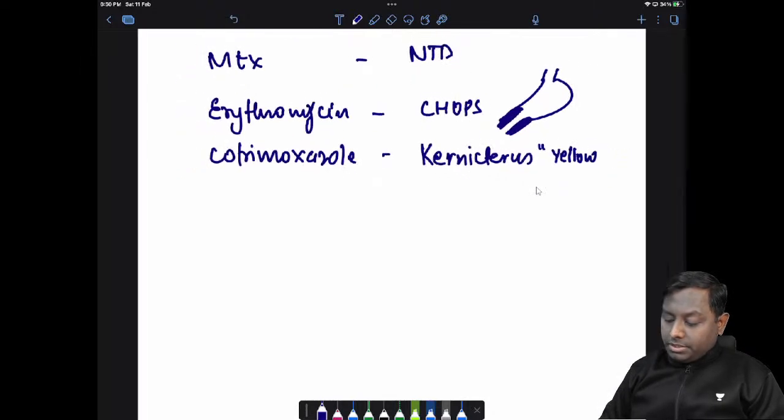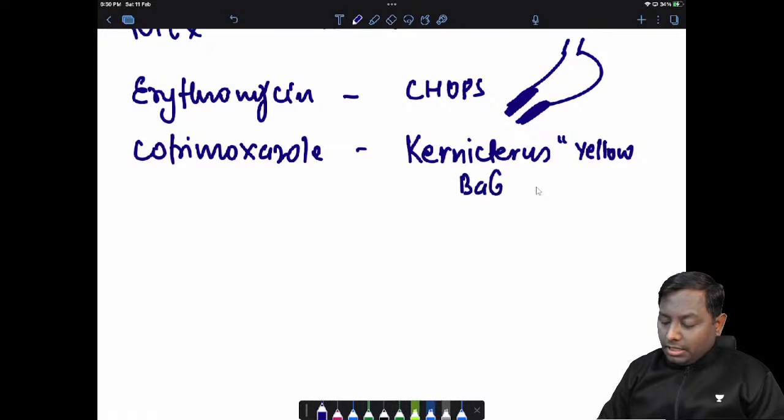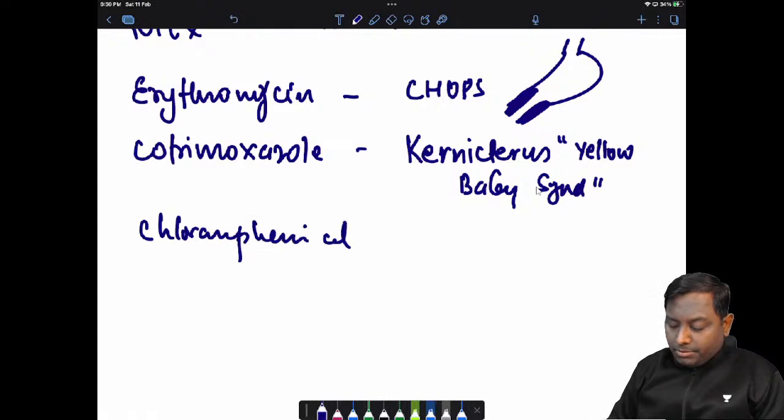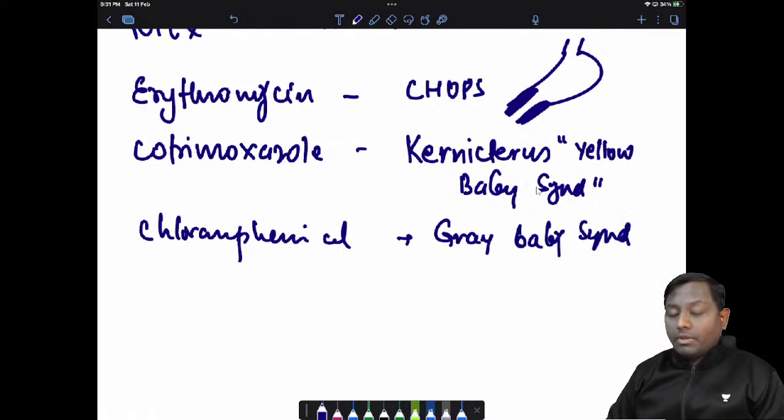Now wherever it comes the term yellow baby, I'm pretty sure all of you guys must be thinking already कि सर ग्रे बेबी है ना, एक और जो हमारा ड्रग है जिसका नाम है क्लोरमफेनिकॉल, it can lead to your bone marrow suppression, that can lead to your gray baby syndrome. Yes or no?